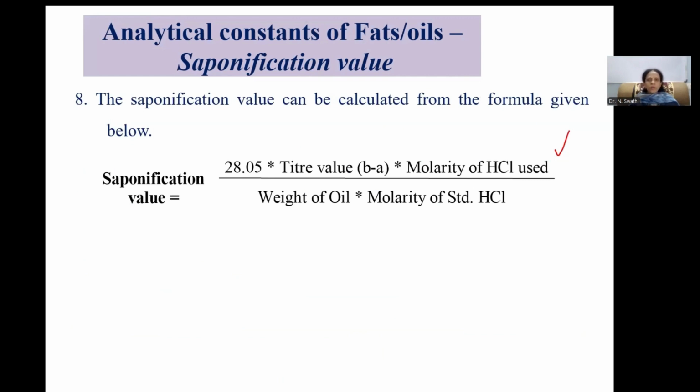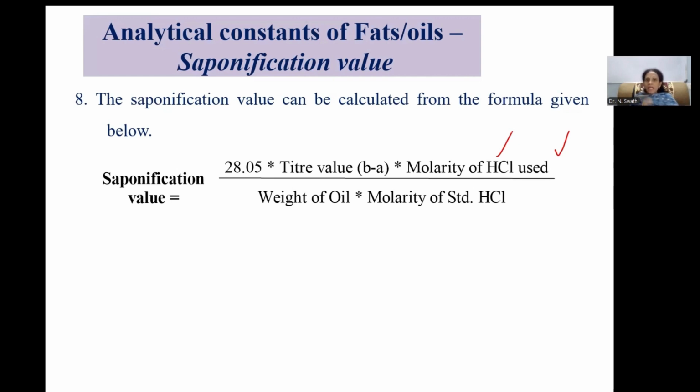So again students, here two molarity terms are used, one in the numerator and another in the denominator. Because hydrochloric acid is a secondary standard, whenever we use hydrochloric acid in titrations, along with the determination of saponification value, you have to perform the standardization of hydrochloric acid also. Whatever molarity value you get for hydrochloric acid upon standardization is the actual molarity of hydrochloric acid used. So that value comes in the numerator.